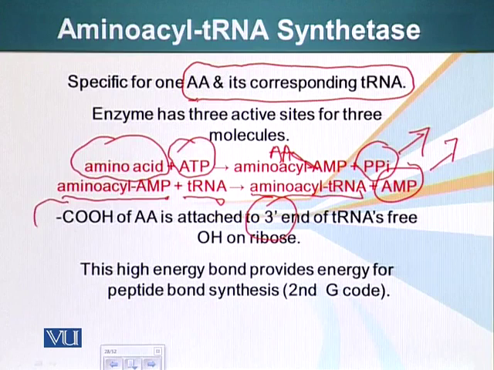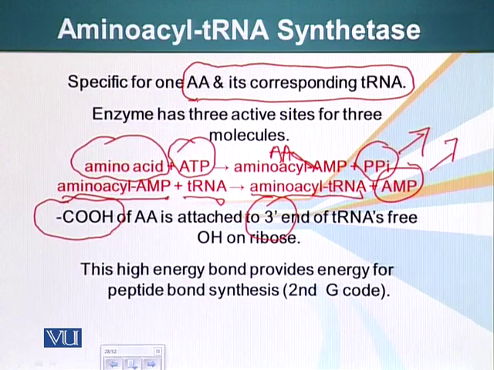We know amino acids have amino and carboxy domains. So a specific amino acid's carboxy domain is attached to the hydroxyl group present on the 3' end of the tRNA. This is a very high energy bond, as I mentioned, and it supplies the energy for the synthesis of polypeptides or proteins.